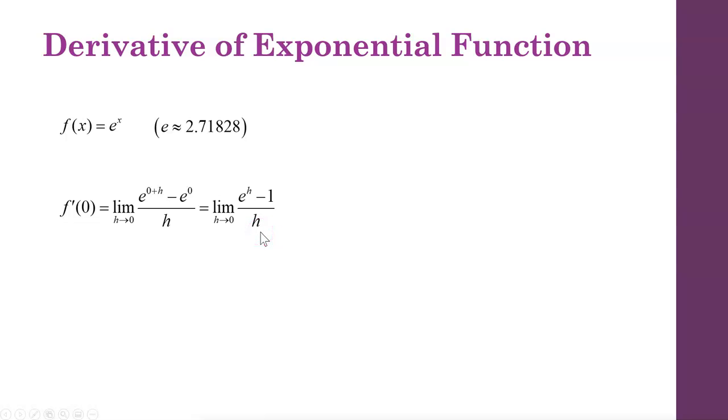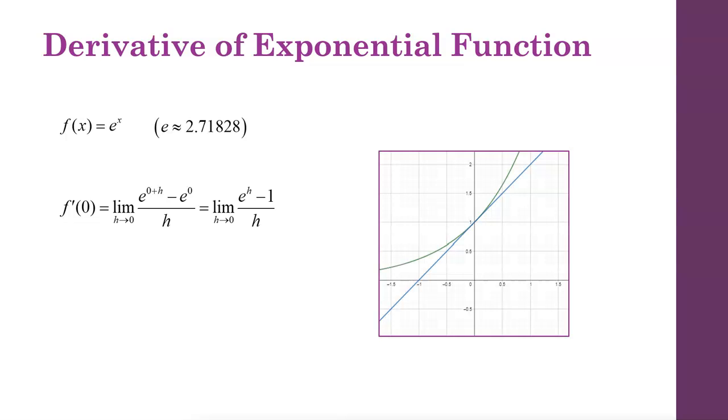And that is one of the limits we had seen in the previous sections. In our video about limits, we looked at that particular limit by examining its graph. The green function in this graph is e to the x. The blue line is the tangent to it.